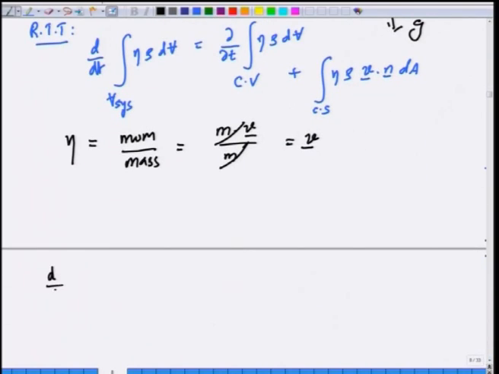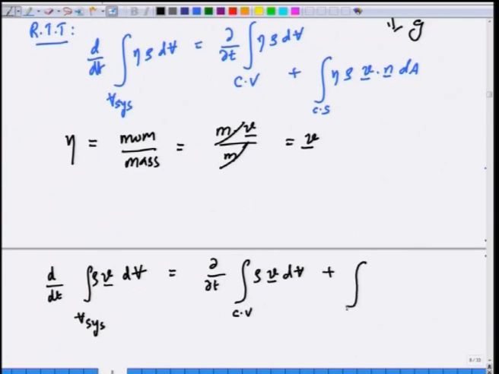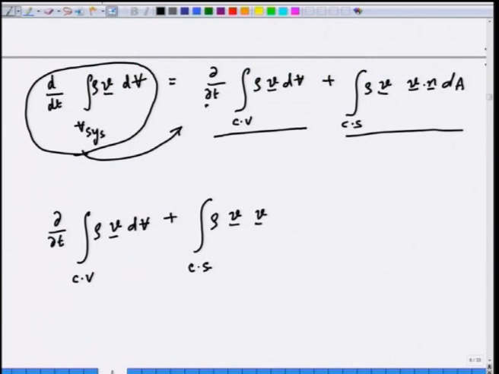So, the Reynolds transport theorem as applied to the momentum conservation principle is d/dt of the integral over the system of rho V dV, which is d/dt over the CV of rho V dV plus the integral over the CS of rho V V dot n dA, which equals the sum of all surface forces plus the sum of all body forces.